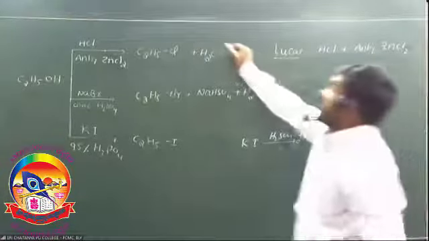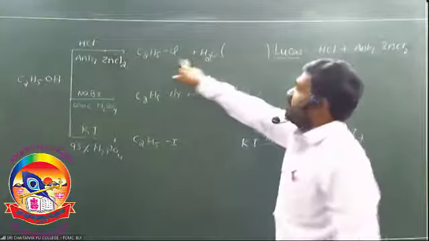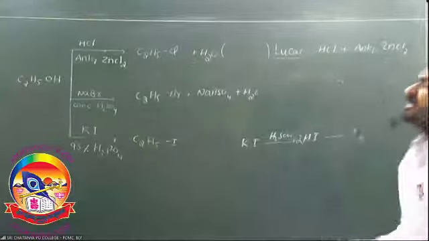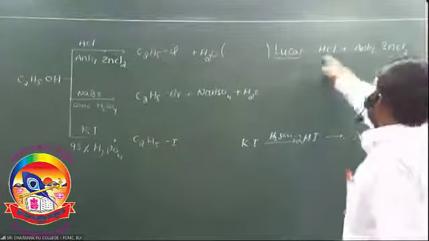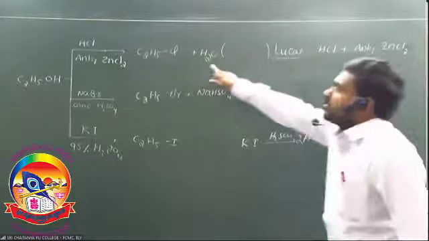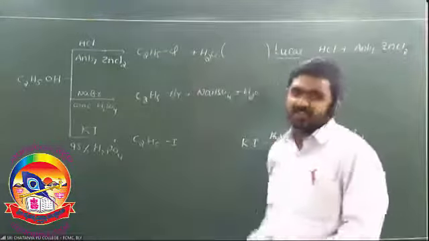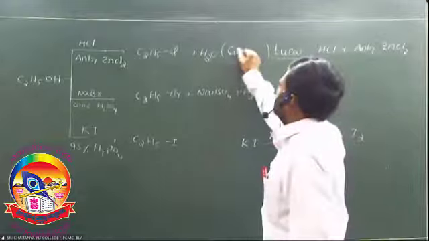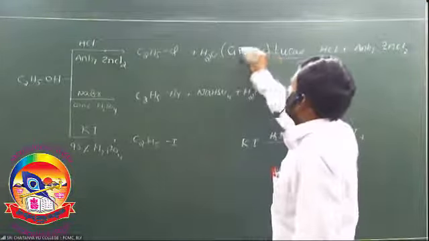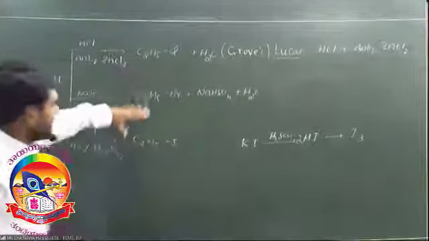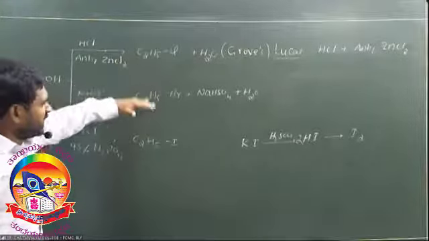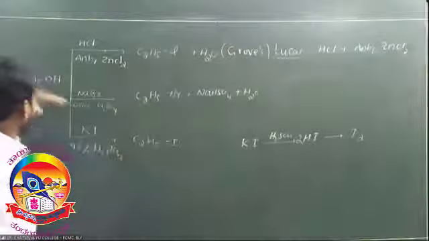And what is the name of the reaction, the preparation of ethyl chloride using concentrated HCl and anhydrous zinc chloride? It is the Groves process. These are the methods of preparation of ethyl chloride, ethyl bromide and ethyl iodide from ethyl alcohol.